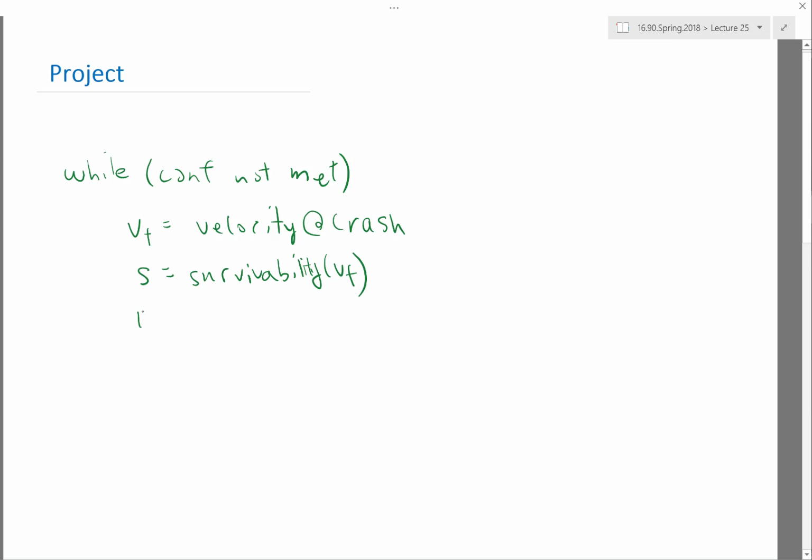And then you say if S is less than or greater than 0.07, then you increment the number of counts, which I think most people were doing. Some people were just keeping track of the survivability, the S value over however many iterations they wanted to do.